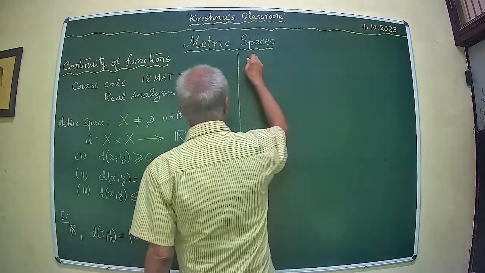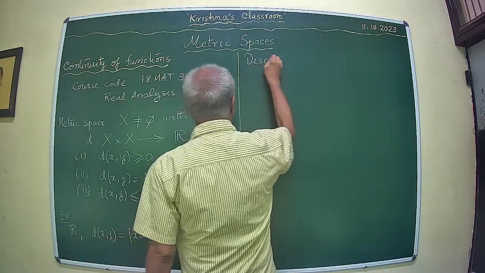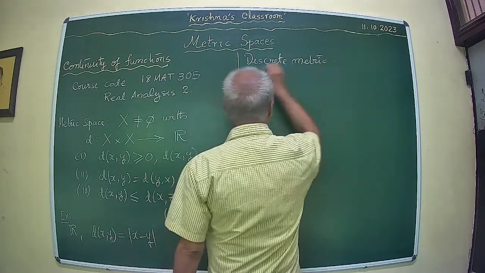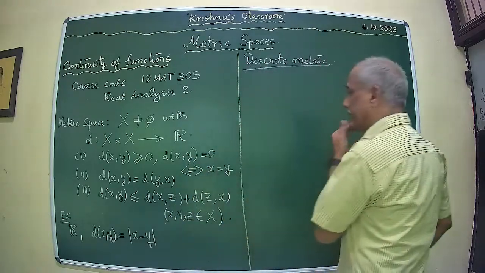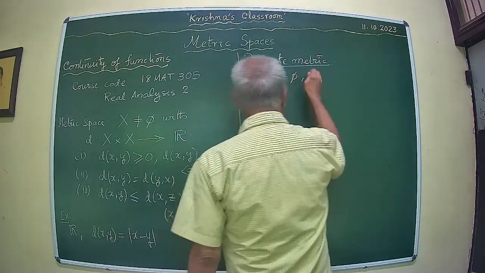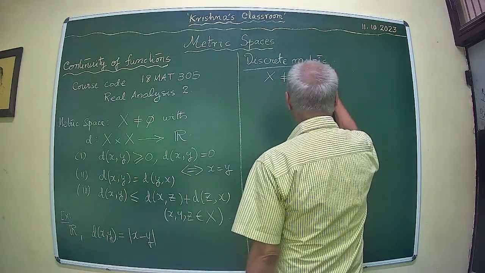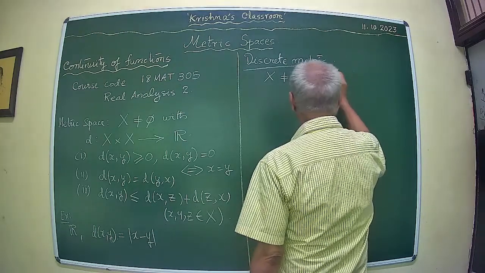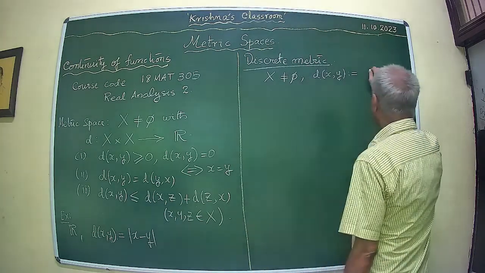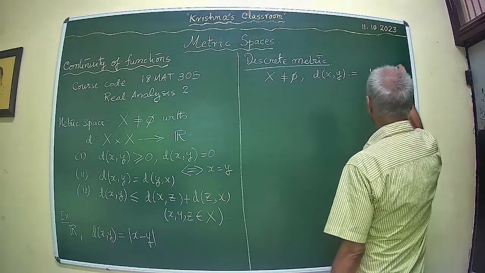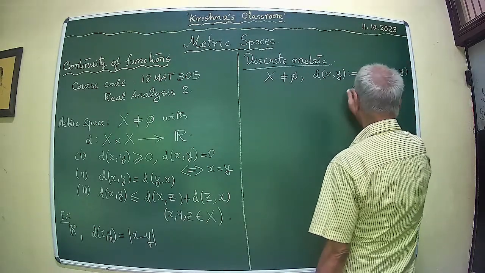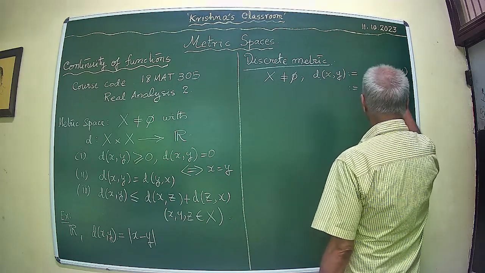Let me write: the discrete metric on a non-empty set X, then d(x,y) is defined as 1 whenever x is not equal to y, and equal to 0 when x equals y.